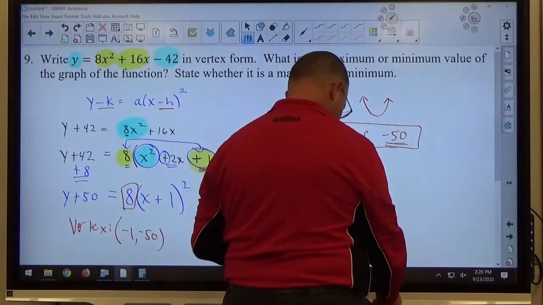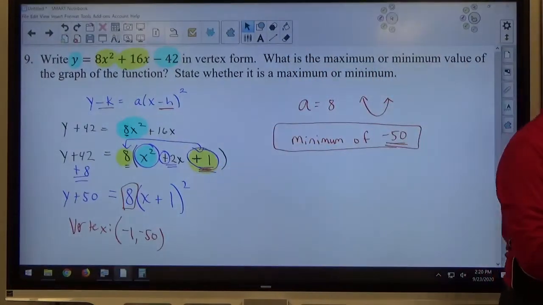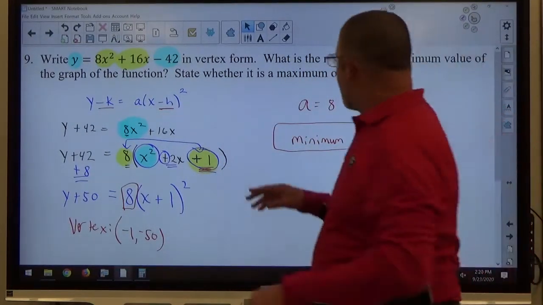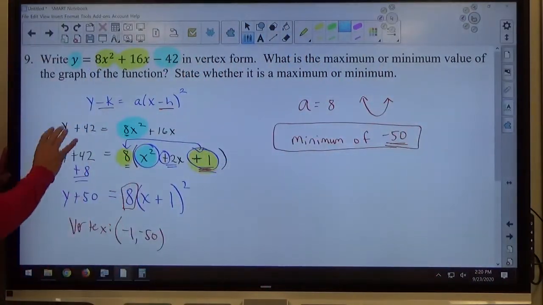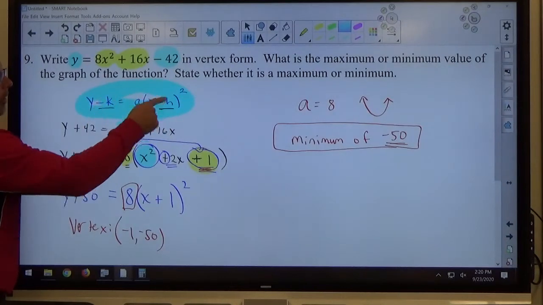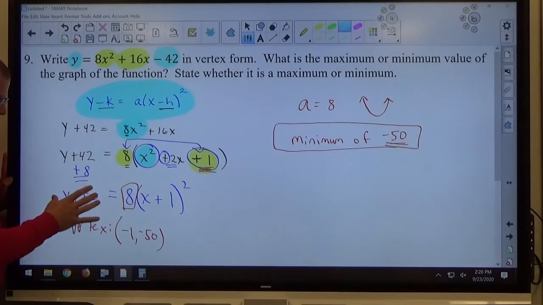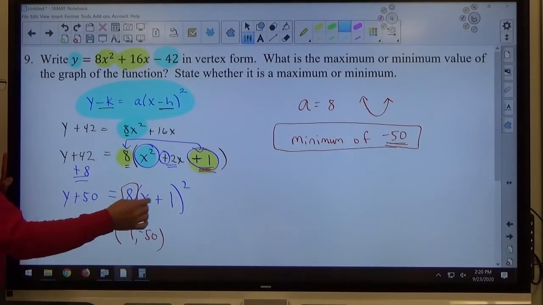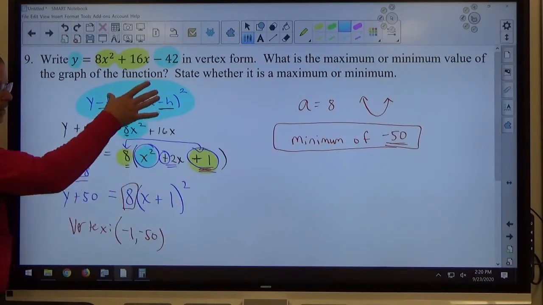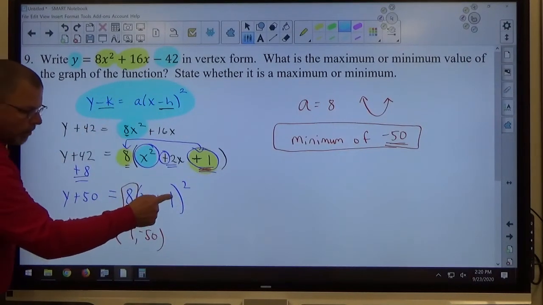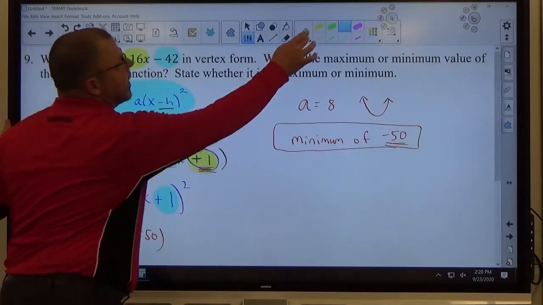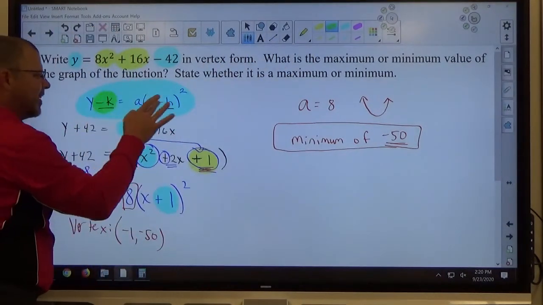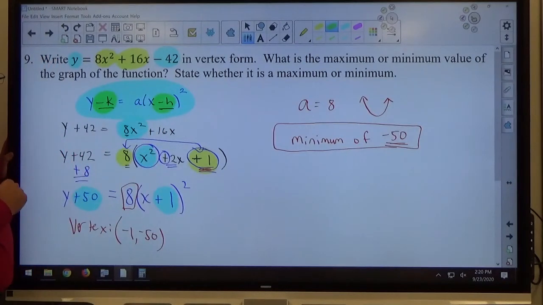Well, when you get -1, do you just change the sign? Yeah, exactly. So again, once we get the vertex form done, once you create this structure here, y plus or minus something equals number times x plus or minus something squared, whatever this number is and whatever this number is, because this says minus k and this says minus h, it means the signs are wrong.